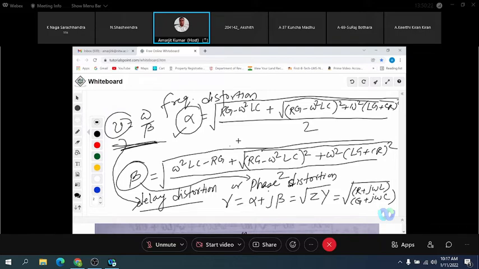What can we do here? Should I write velocity? Then you may get some idea. So V is equal to omega by beta, and beta is also written. Then basically V will be equal to omega by this complete expression for beta. Now think about what we can do so that velocity will be independent of frequency.